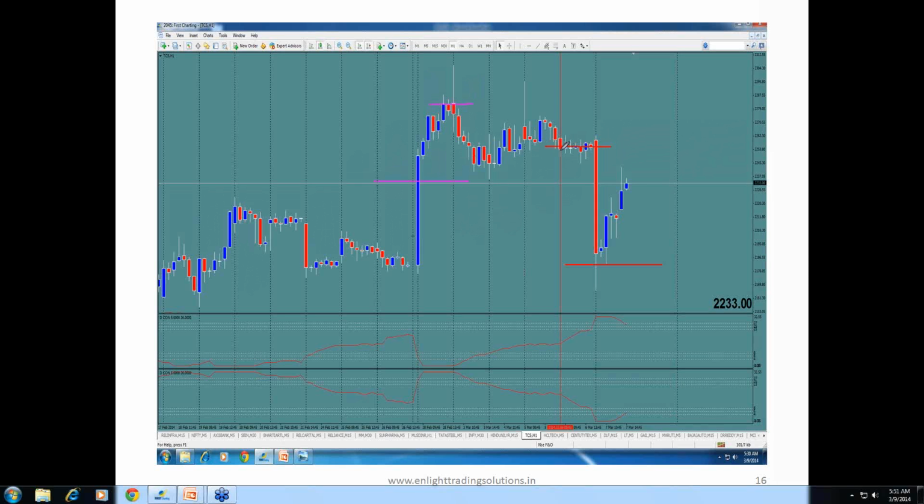Now on Friday, this is 28th, 3rd, 4th, 5th, 6th, 7th. On 6th we got in again on the shorter side because we had a sell convergence here. Okay, market will come down after this.